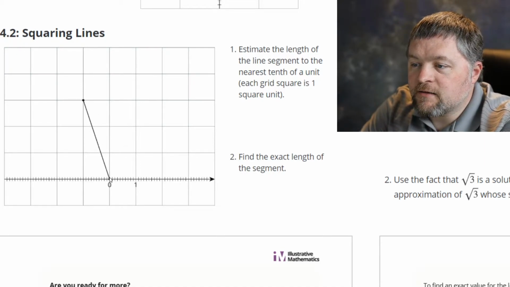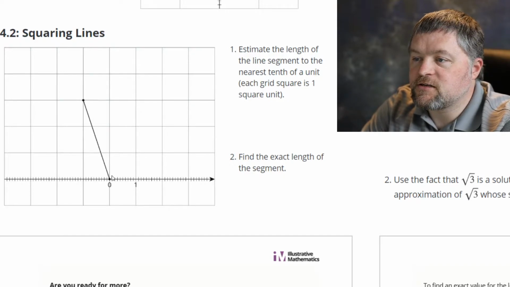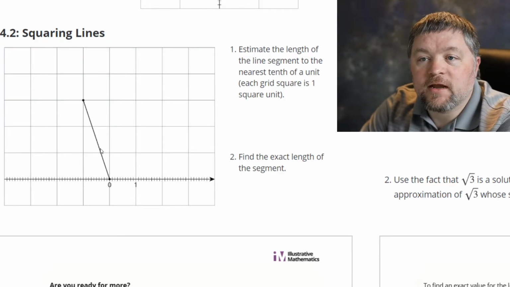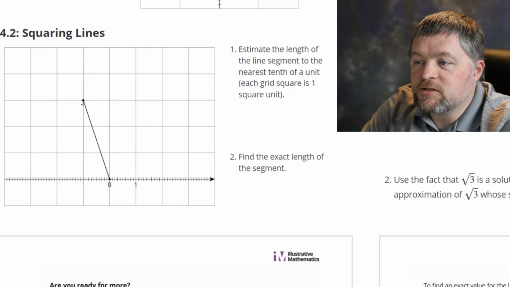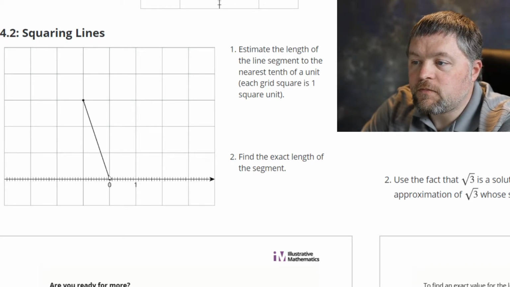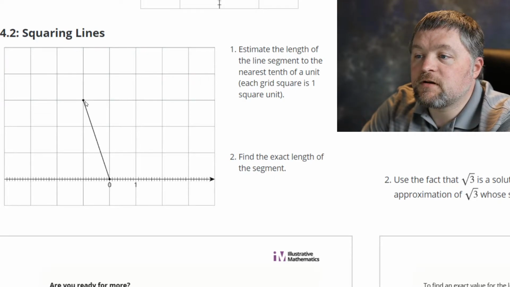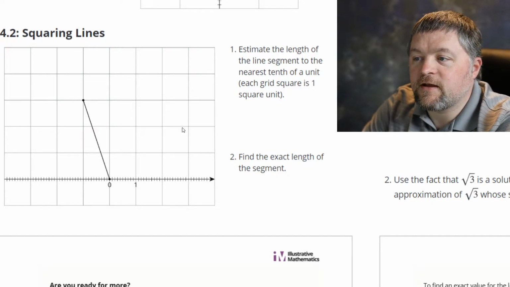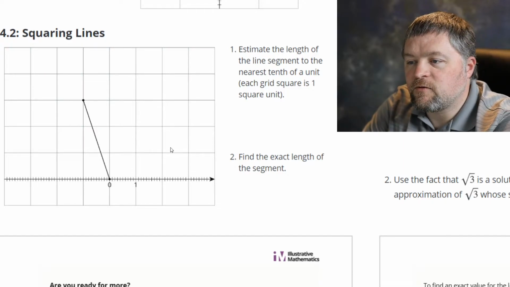This line, because it connects vertices on our grid, we can tell that it goes over 1 and down 3. So this line here would have a slope of -3. If this one has a slope of -3, the other side of our square is going to have a slope of -3. Well, where would that be?